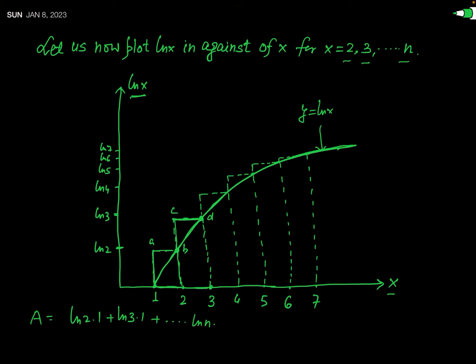Okay, and this can be written by the sign of summation like this. This is simply ln x, where x runs from 2 to n.